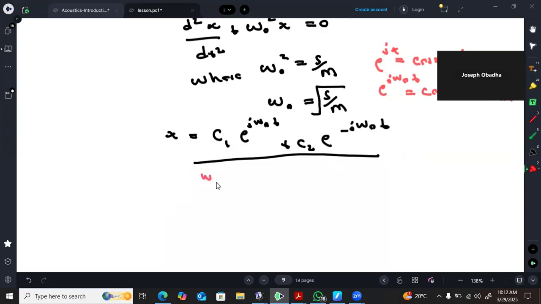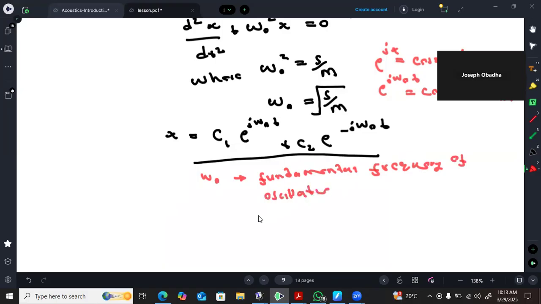But for now, what we can say is that omega naught is actually referred to as the fundamental frequency of oscillation. So there's no external force applied.